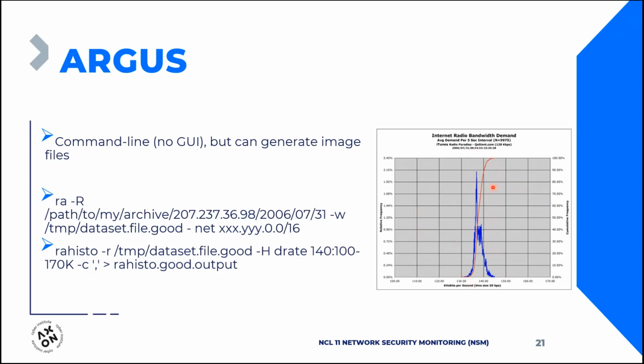For example, about the bandwidth usage of a system, or the session concentration of a system, in a graph like this. But again, if you use, for example, Arkime on its own, Arkime will give you session data without the need of running Argus.